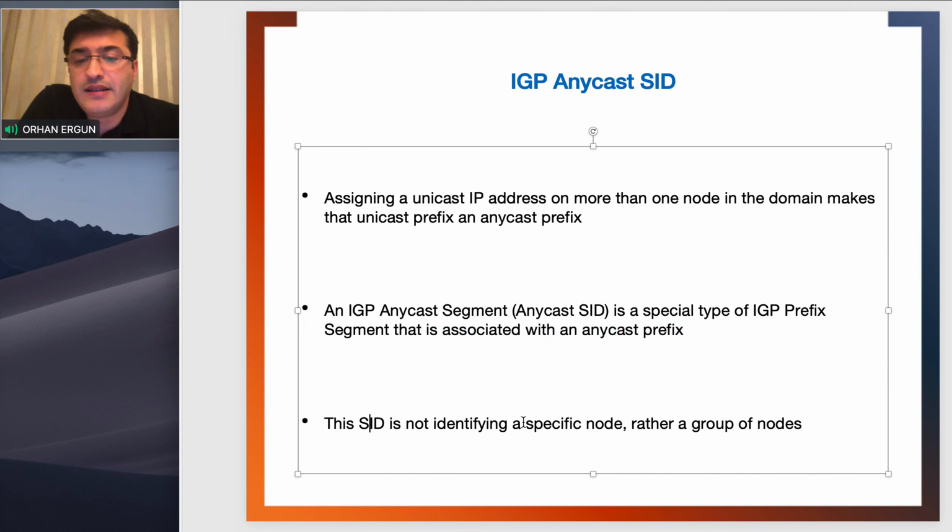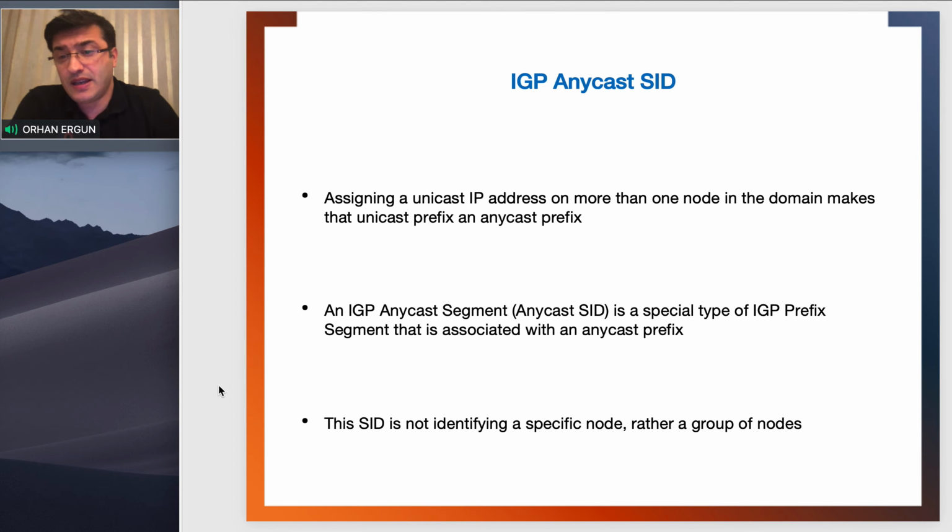This SID is not identifying a specific node, but rather a group of nodes. So a prefix is either via a single node, which we call node SID, or a group of nodes, which we call anycast SID. Same thing with adjacency SID: it is either via a single layer 2 interface or a group of layer 2 interfaces, which we will call a group adjacency SID.